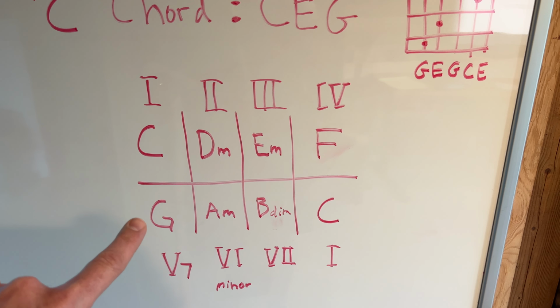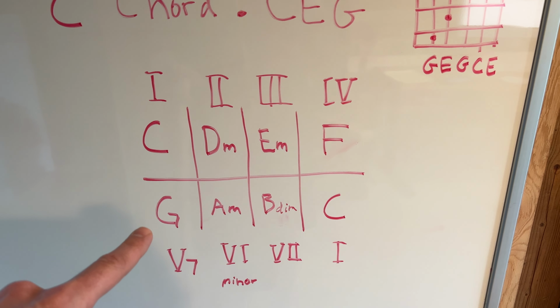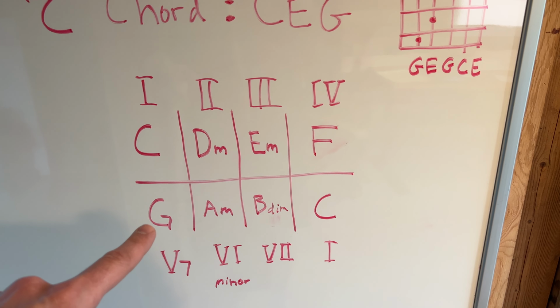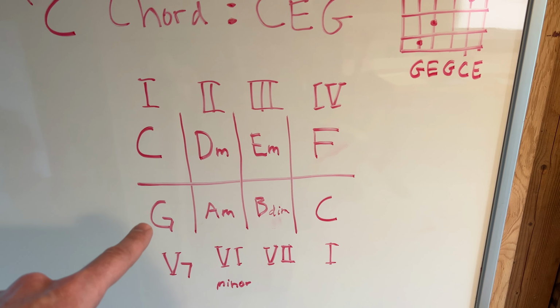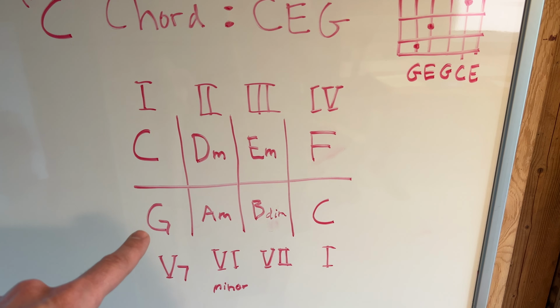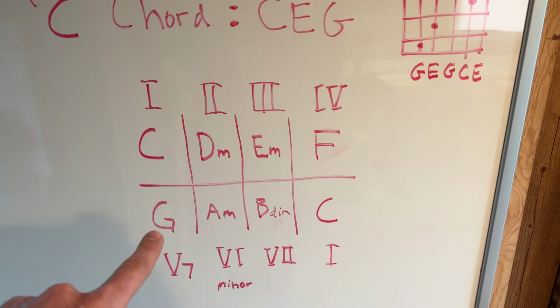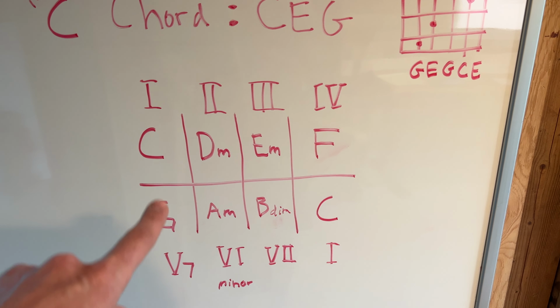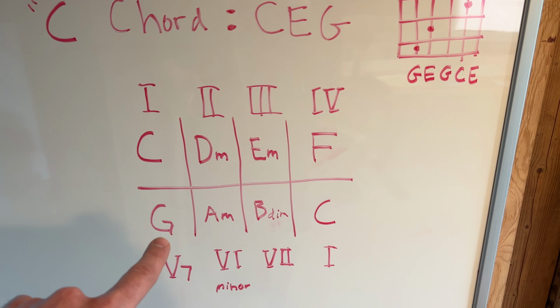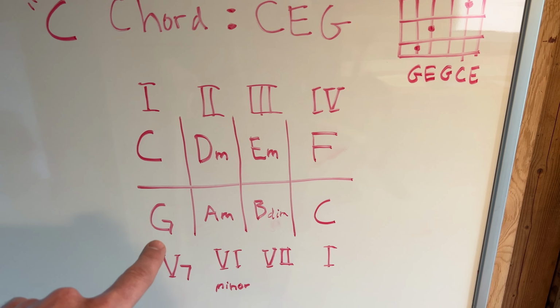Now the 7th, this is always the tension chord. If you play a G, or specifically here a G7, sorry, I need to write a 7 here, G7, that will create tension, and the best way to relieve that tension is with the C. Maybe I'll grab my guitar and play that in just a second.